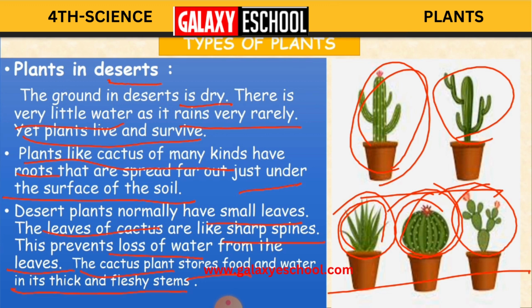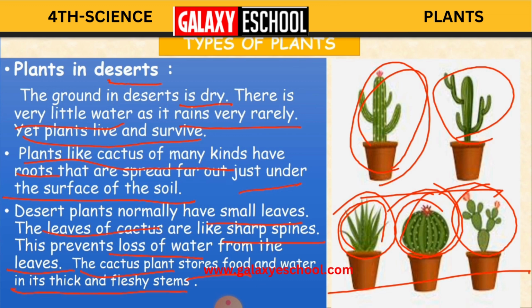So what about the plants in desert? The ground is very dry in desert areas and they receive very little water, and rains are also very rare, very occasionally. Still plants are able to live and survive. Why?